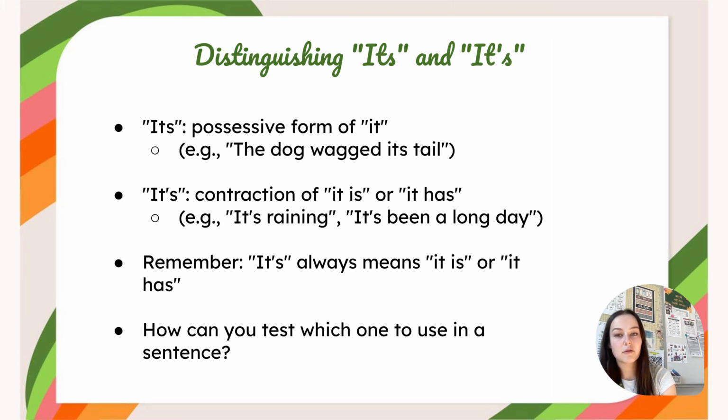Okay. But as a reminder, the possession of it, or if you want to use it in a possessive way, you do not need that apostrophe. Okay. So remember, it's always means it is or it has. And that's kind of just the best way to remember that when you're dealing with it's, when there's that apostrophe there, you have to remember that it's a contraction of either it is or it has.